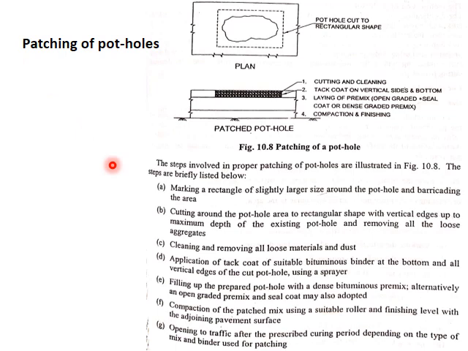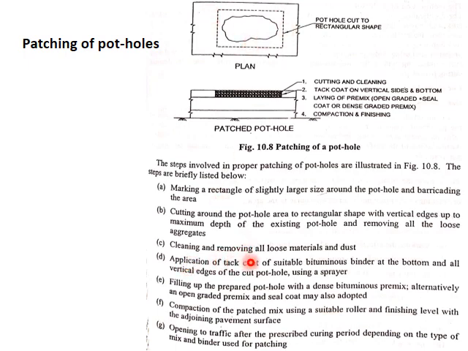Patching of potholes is a very easy procedure. The first step is marking a rectangle of slightly larger size around the pothole. You have seen it in the figure above. They have marked a rectangular area around the pothole, then cut around the pothole to a rectangular shape, and then cleaned and removed all materials.